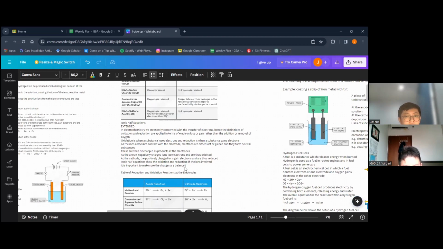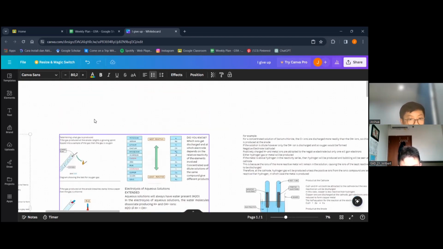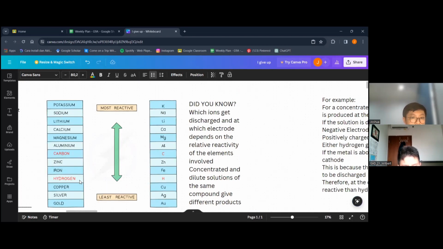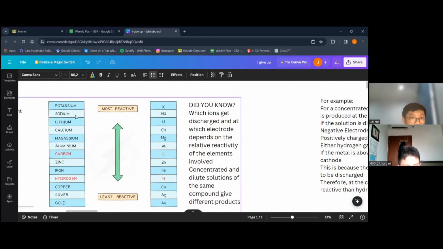So in electrolysis, there is a reactivity table, essentially. The exceptions here that are not metals are hydrogen and carbon. But in aqueous solutions, as you know, water is H2O, and when mixed with an ionic compound, it becomes H+ and OH-.